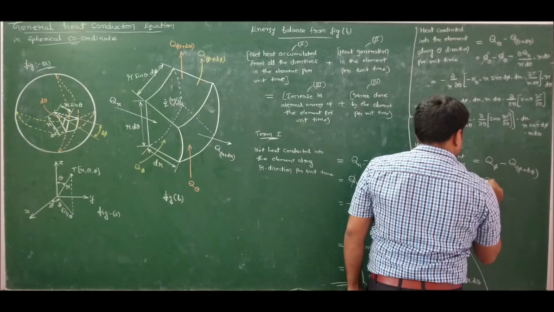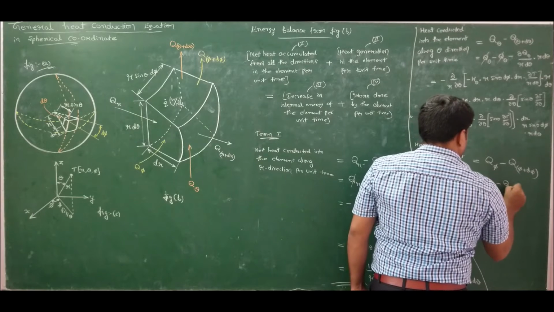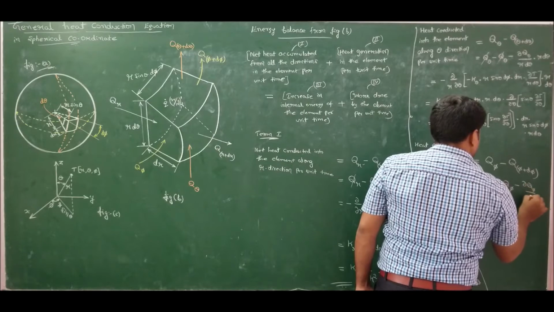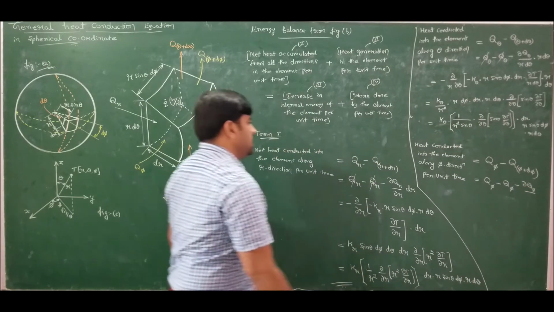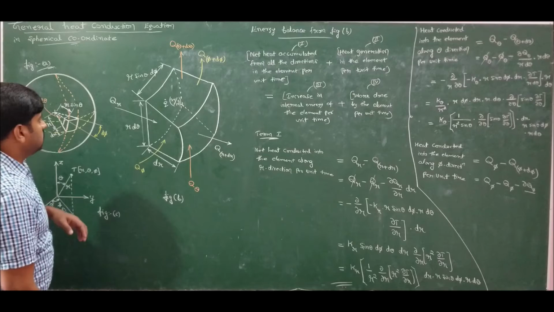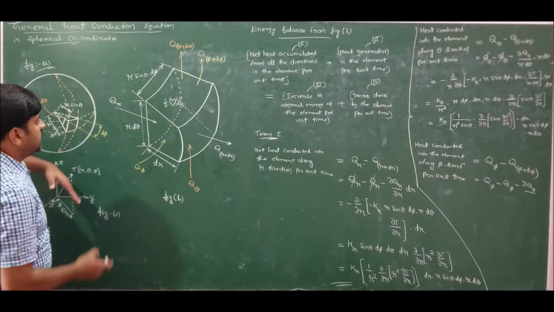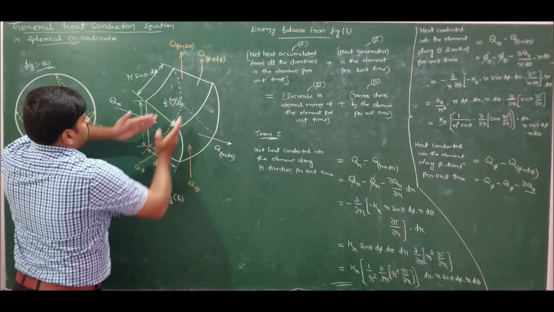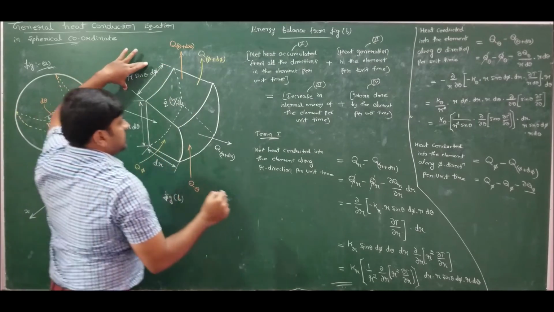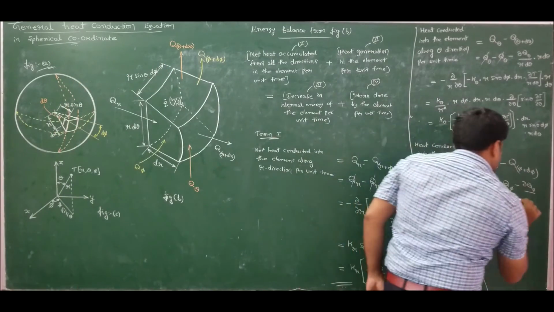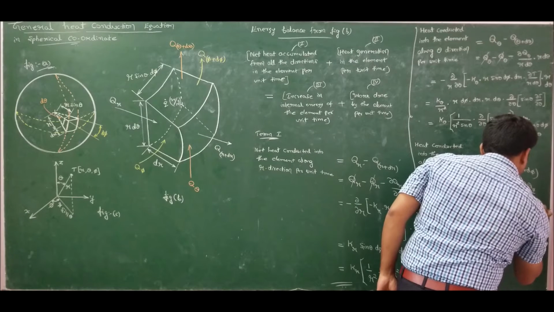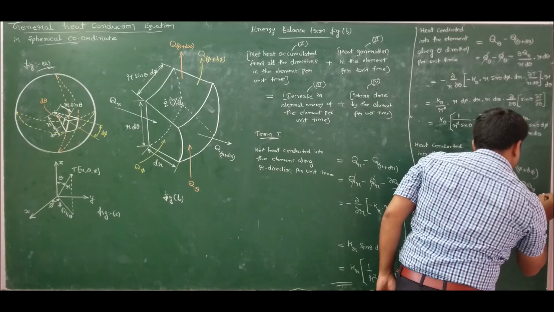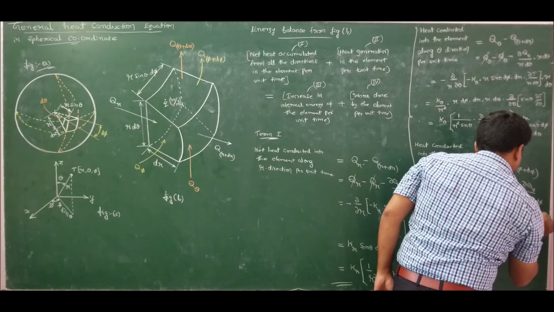So this can be written as q phi minus q phi minus dou q phi by length. The change is over the length along the phi direction, as the phi direction varies in the horizontal plane. So along the phi direction the length is r sin theta d phi. This is multiplied by r sin theta d phi.